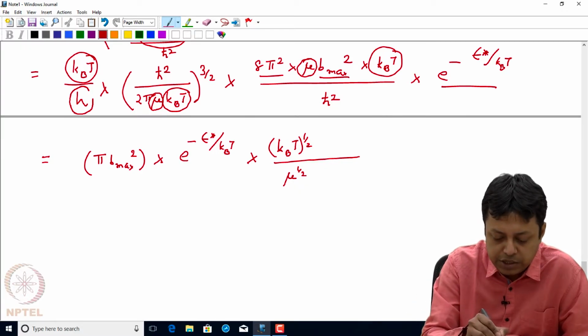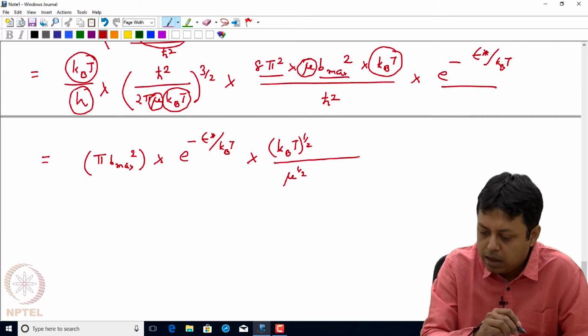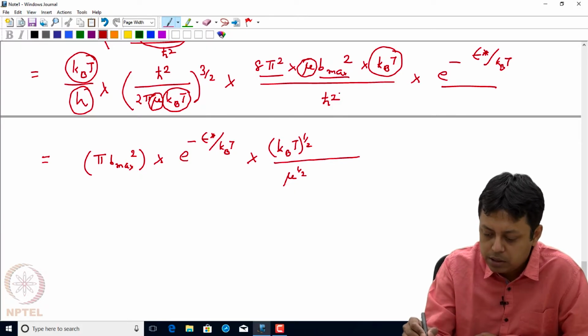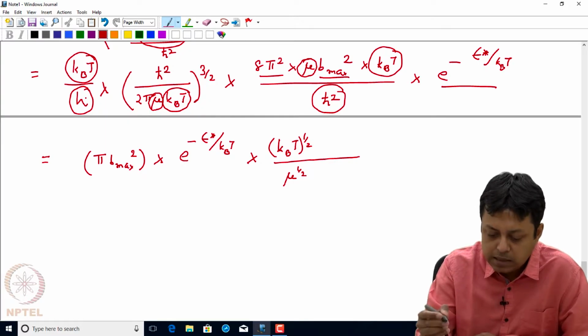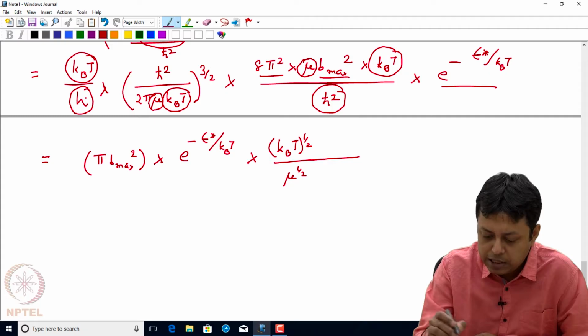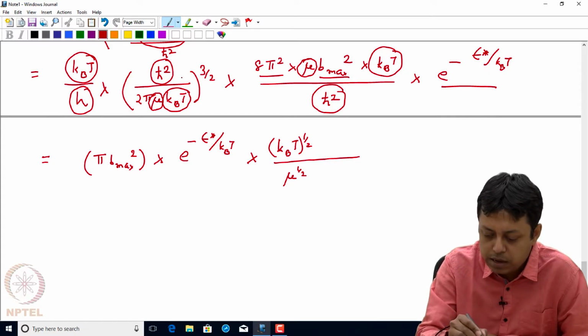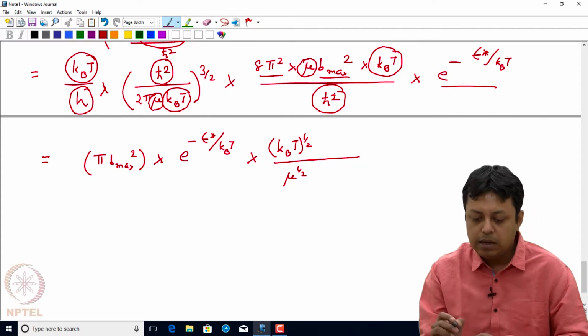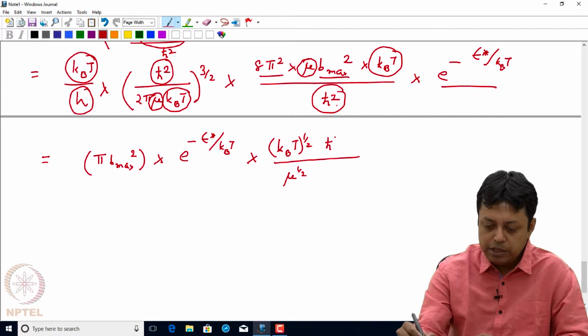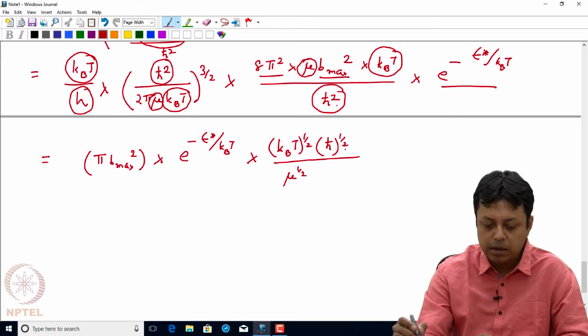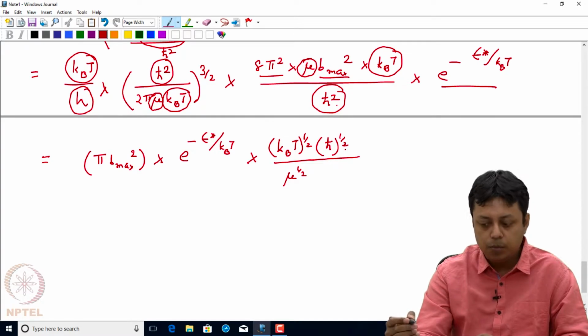Now let us calculate the h. So, I will have h here, and I have h bar squared here. Let us calculate the h bars first. So, h bar squared and h bar squared here, I will have h bar to the power half, but then also h bar is nothing but h by 2 pi.